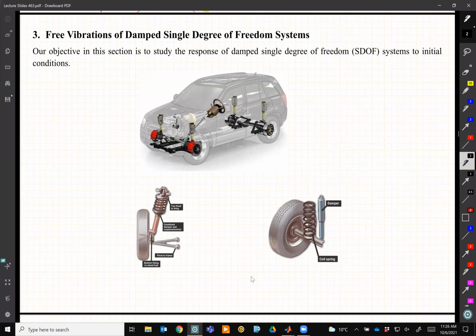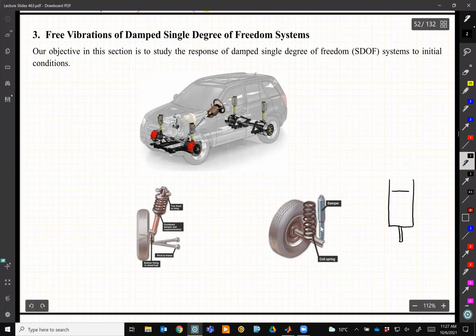But underneath your car, if you take a look, you will see this shock absorber, or a damper as we call it. And if we open it up, it is basically a cylinder. Let's say a cylinder like that.